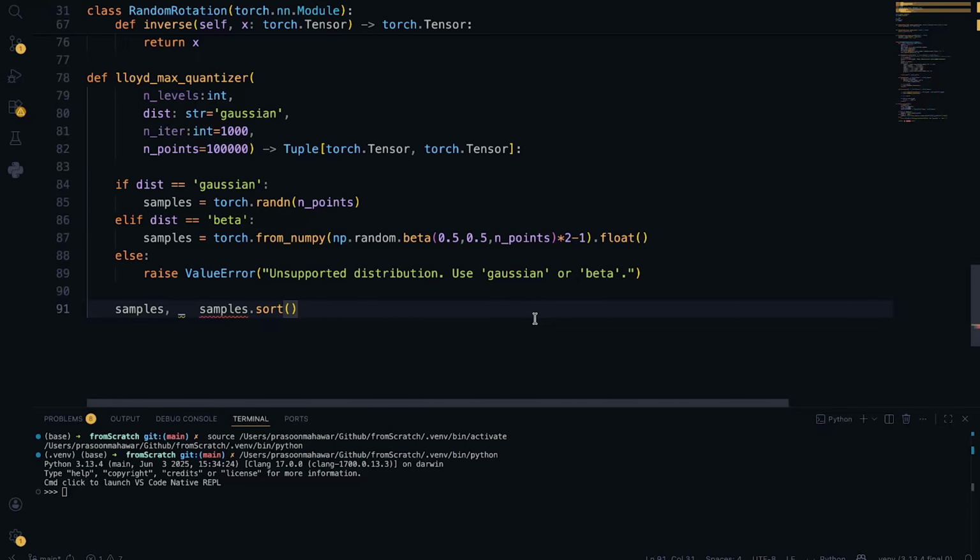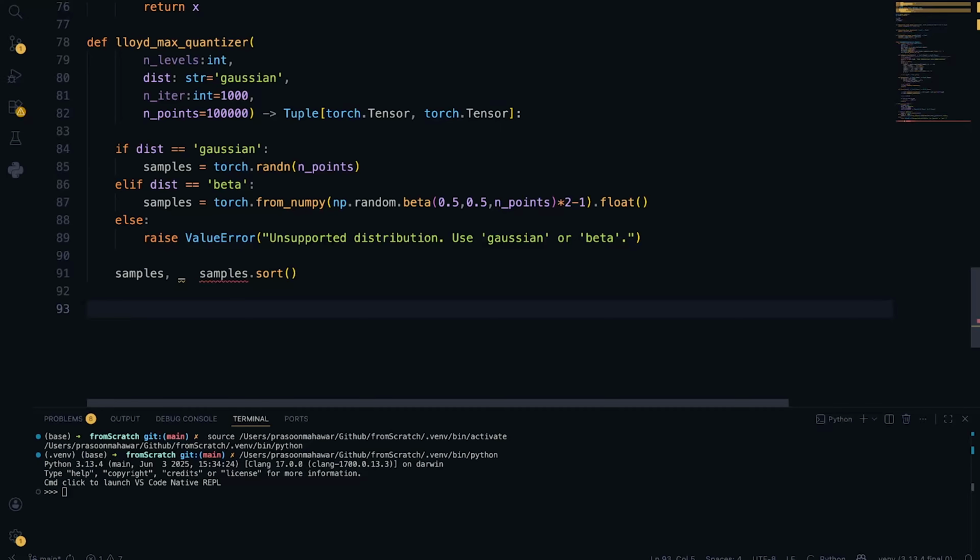and then we will initialize x min comma x max. We are initializing centroid uniformly in the range of sample.